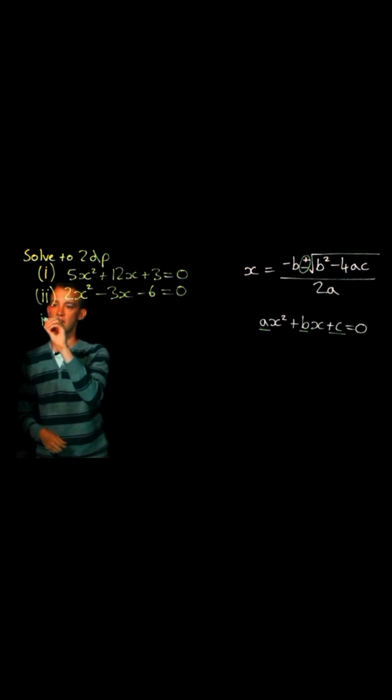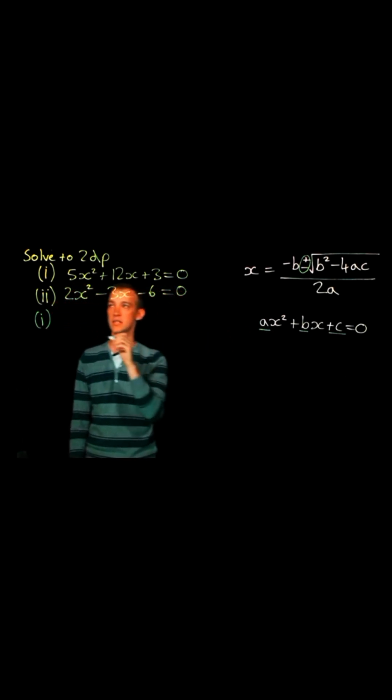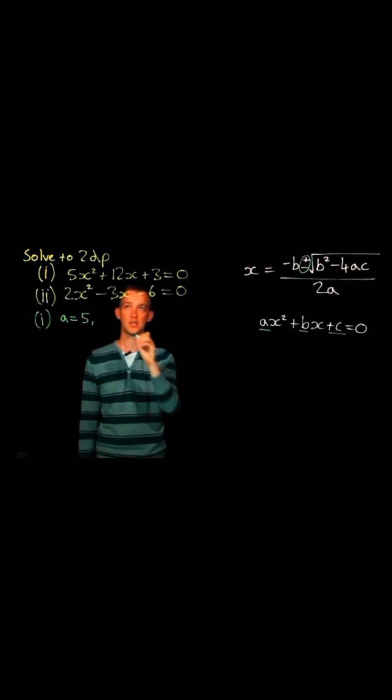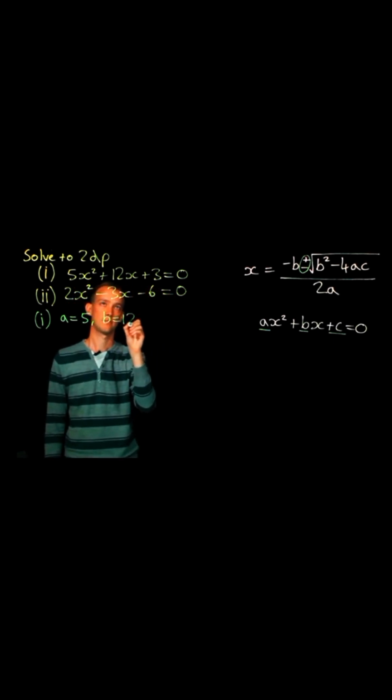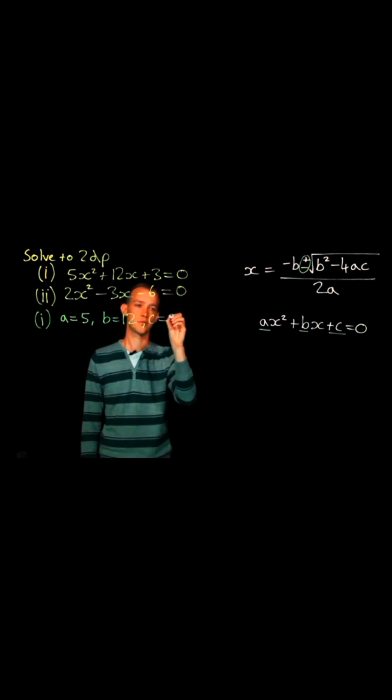First of all, 5x squared plus 12x plus 3. Well, a is the number before the x squared. So a in this situation is 5, b is 12, and c is the number on the end, so c is equal to 3.